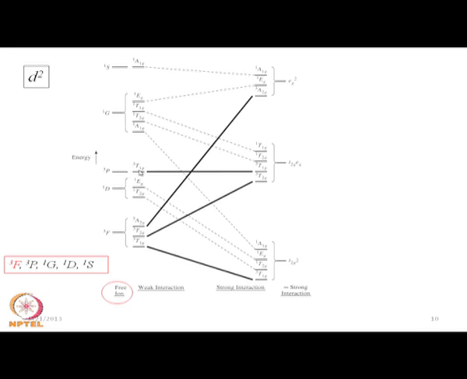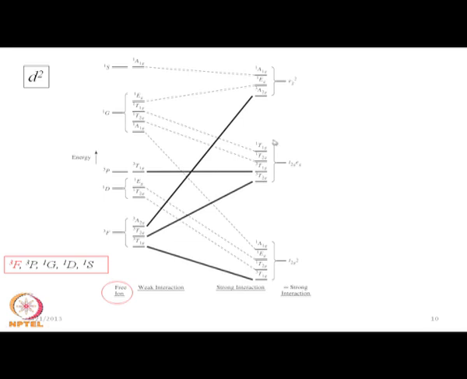P will remain as a triplet term, G can be split in these values, and S can remain as the corresponding 1A1G term. So, how we correlate this is that in the strong interaction case, we have the corresponding electronic configurations as T2G squared, T2G EG and the corresponding EG squared.